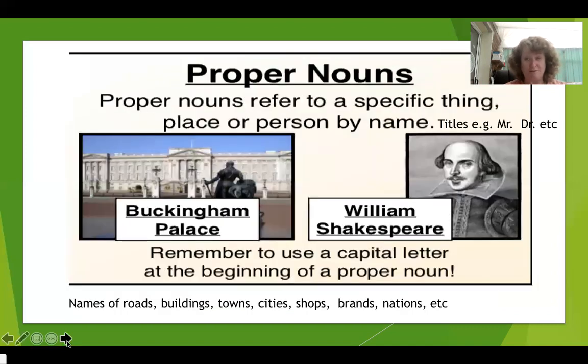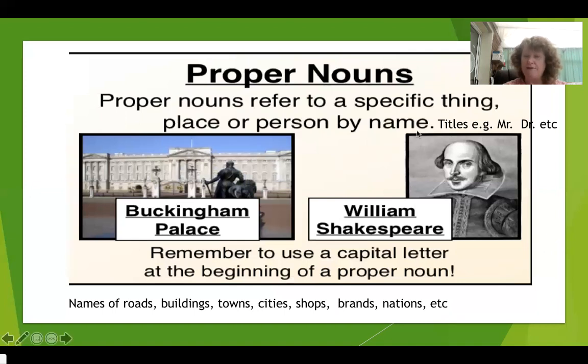Proper nouns are very different. Proper nouns are when we give a name to something. So we're not just talking about any palace here. We're talking about Buckingham Palace. Not just referring to a poet or a scriptwriter, we're referring to William Shakespeare.